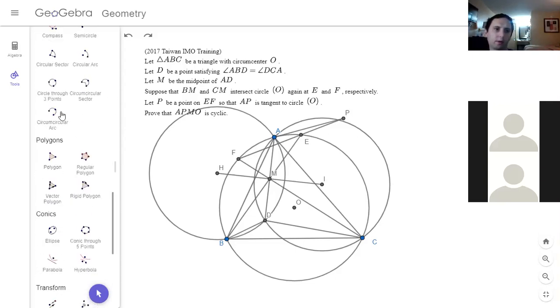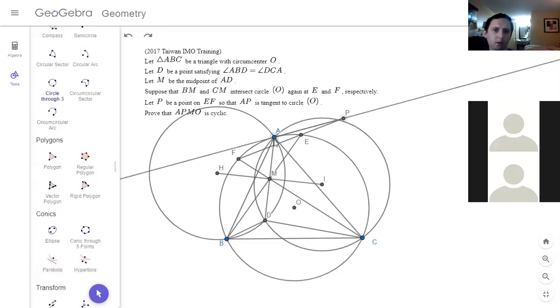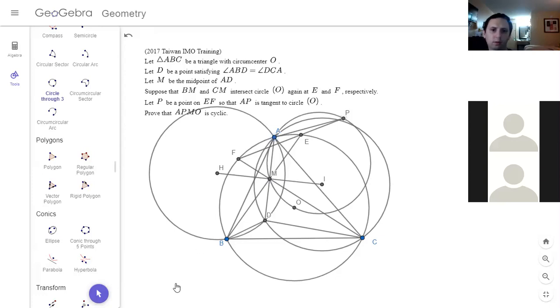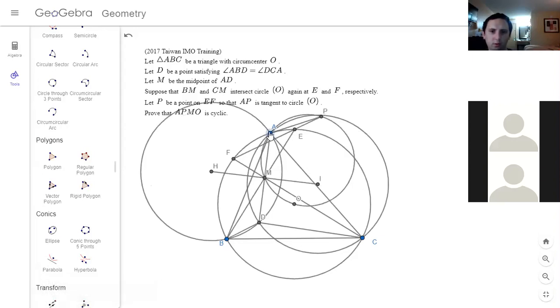That's the other way to show cyclic quads, if we could find some other point that also lies on it. I don't know if there's any sort of special point. I wonder if HI passes through this point. No.